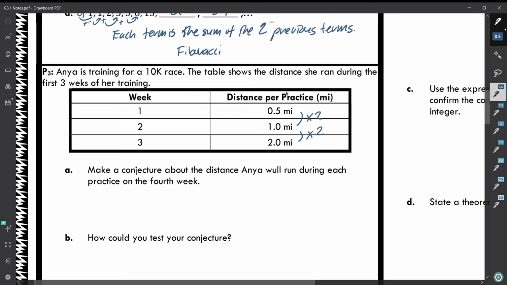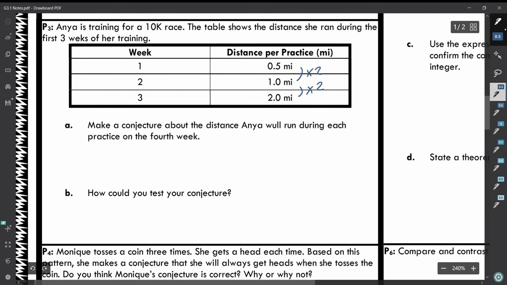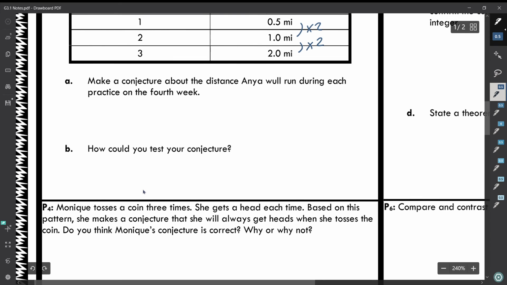So, if our week 3 time is, we'll say, okay, so I can say that she doubles, not her time, her distance, doubles previous distance each week.